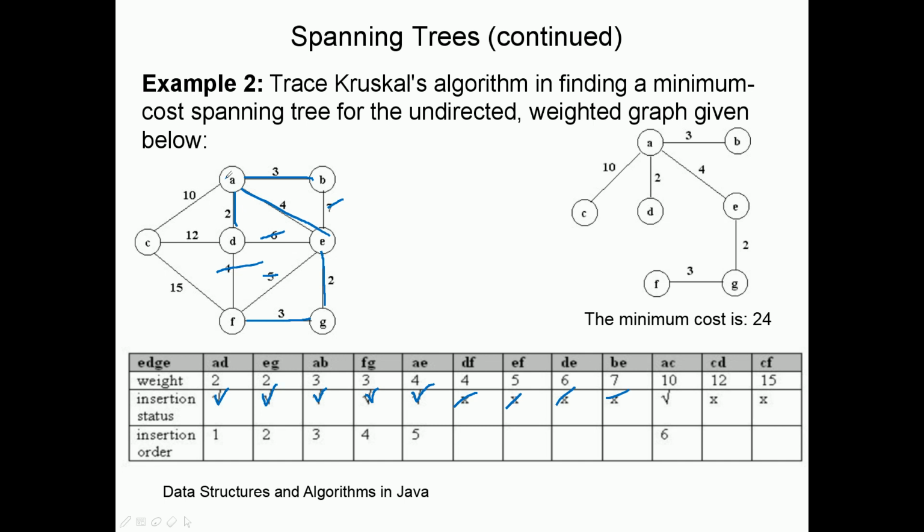AC, not BC. AC. It's not going to create a cycle, so I'm going to include it. The remaining ones create cycles as well, so I'm not going to include them. And that's how you get to this result.